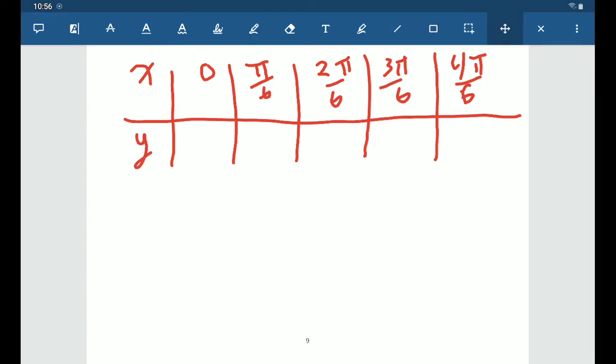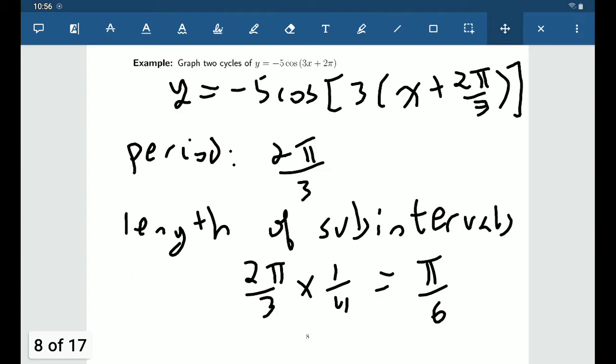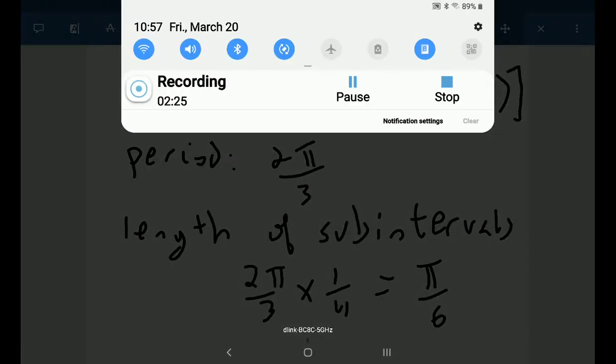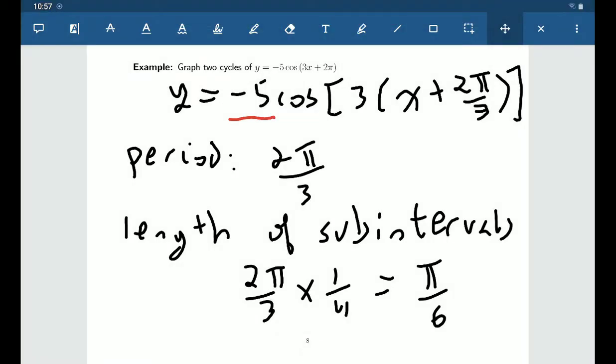Now, we said here that the function that we were graphing was negative 5 cos of 3 times x plus 2/3 pi. So the value for a is negative 5. And for a cosine function, we know that we start at a, then go to 0, then negative a, then back to 0, then back to a.